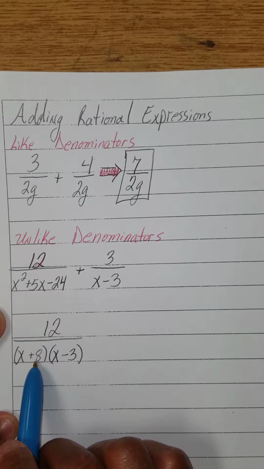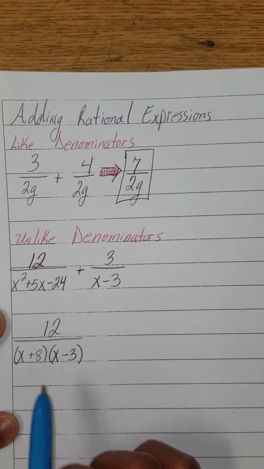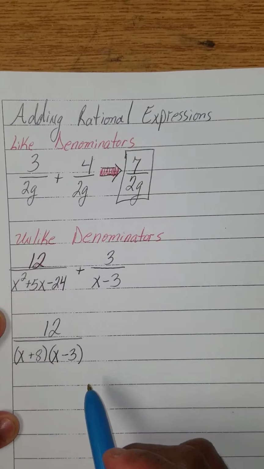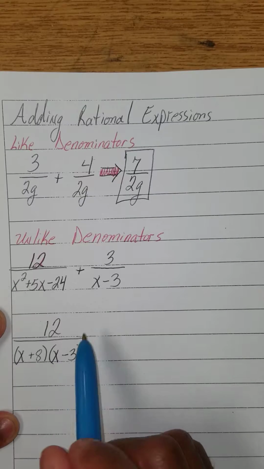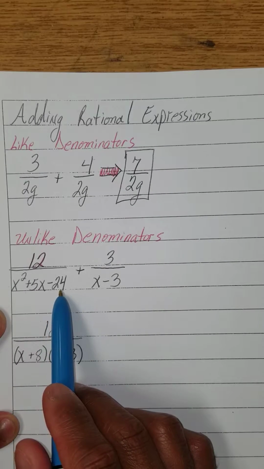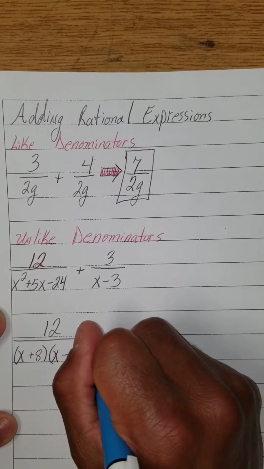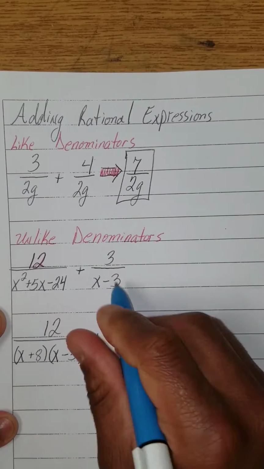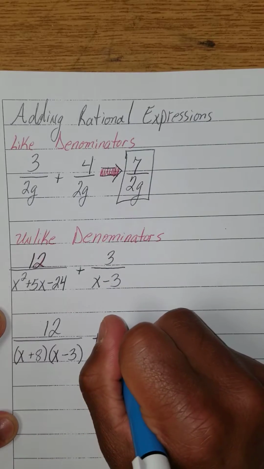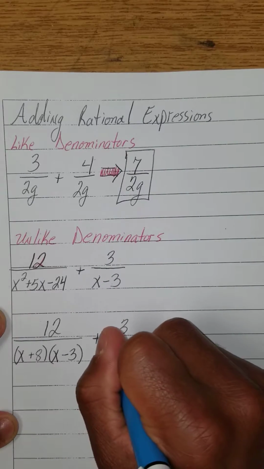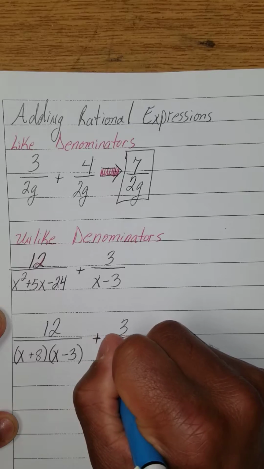If I add 8 and negative 3, I get a positive 5. That being the case, positive 8 and negative 3 are the two factors of negative 24 that will also add to give me 5. Here, there's nothing to factor out, so I will leave it as is. This is said to be simplified as of right now.